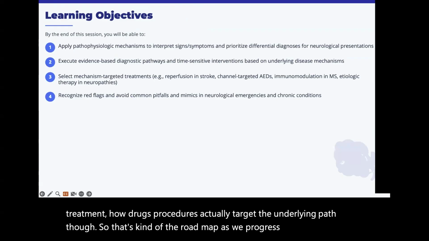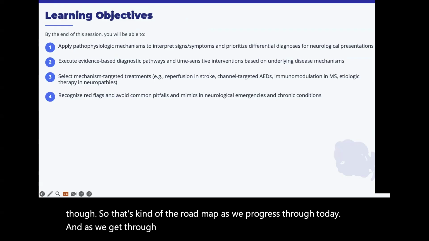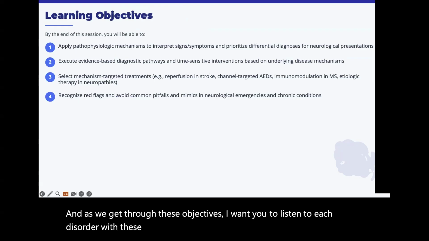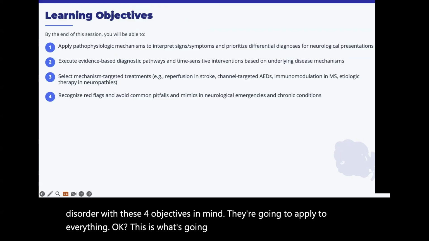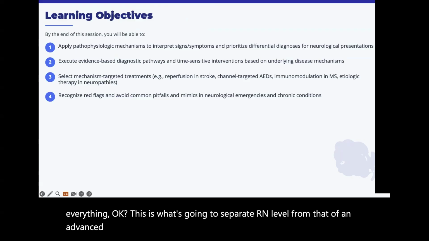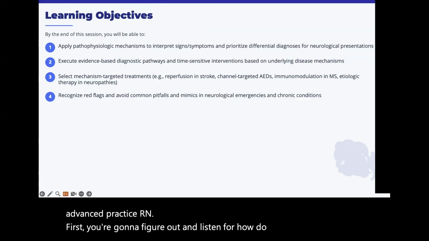As we get through these objectives, I want you to listen to each disorder with these four objectives in mind. They're going to apply to everything, okay? This is what's going to separate RN level from that of an advanced practice RN. First, you're going to listen for how we apply mechanisms to symptoms.